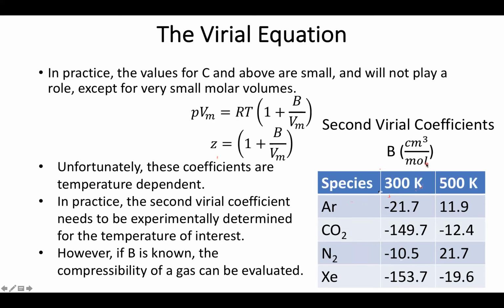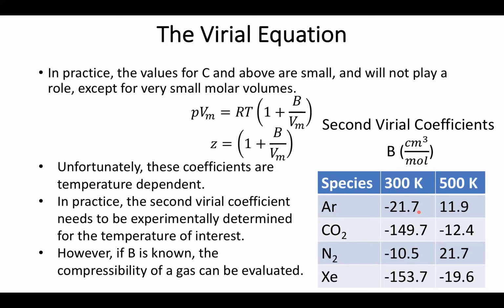So this means that under low temperatures, all 4 of these gases are going to show a negative deviation from ideal behavior, which is actually fairly useful because it's going to tell me that under these conditions, all 4 of these gases are going to have attractive IMF behavior dominating their interactions.